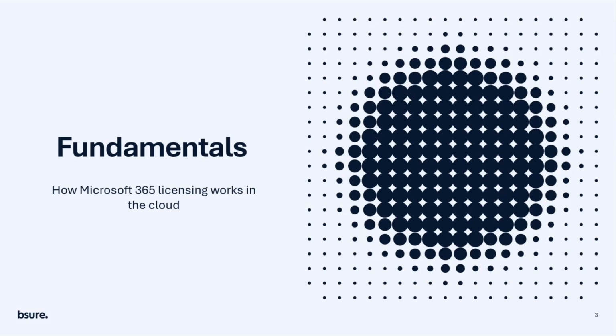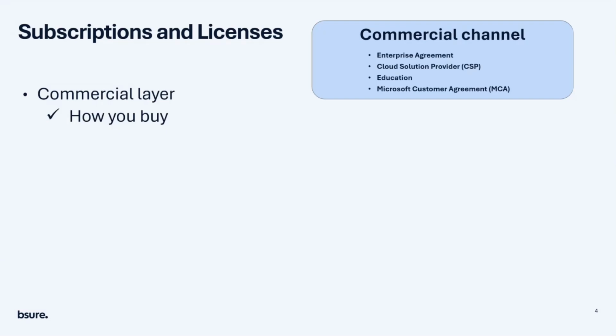So let's just jump right into part 1. We'll start with how you buy a license. When you want to buy a license, you first have to decide what commercial channel to use. You can either buy through an enterprise agreement if you are a large enough company, or you can also buy through a cloud service solution provider or CSP.